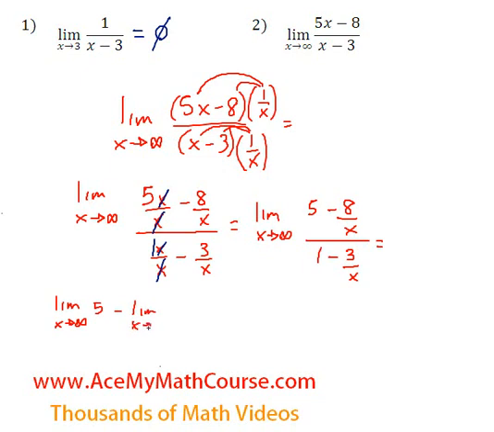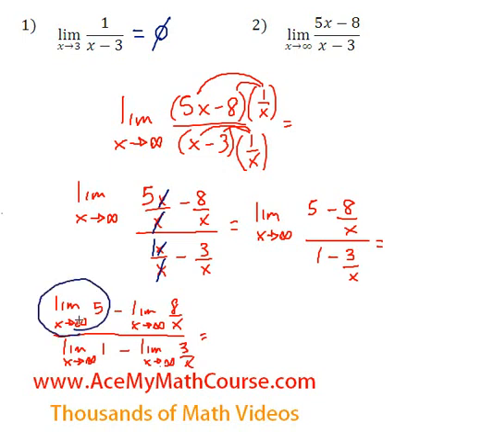This part takes a little while, because we have to rewrite the limit several times, 4 times to be precise in this case: the limit as x approaches infinity of 1 minus the limit as x approaches infinity of 3 over x. Okay. So now let's take a look at this guy.